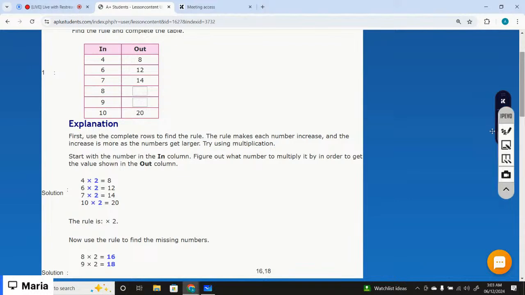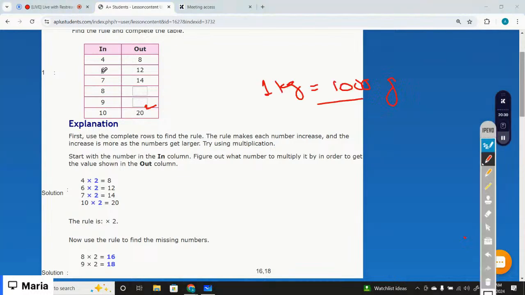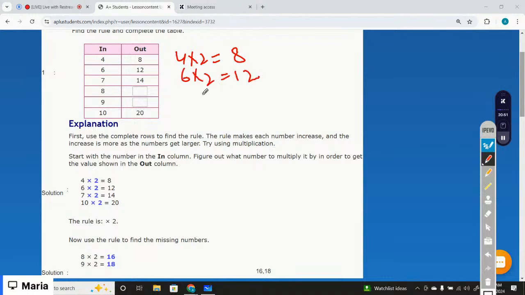Input is 4, the output is 8. Input is 6, output is 12. So either you have to add, subtract, multiply, or divide the input value to get the output value. You need to find that relationship. So if you look at the input and output, that is 4 times 2 equals 8, 6 times 2 equals 12, 7 times 2 equals 14.